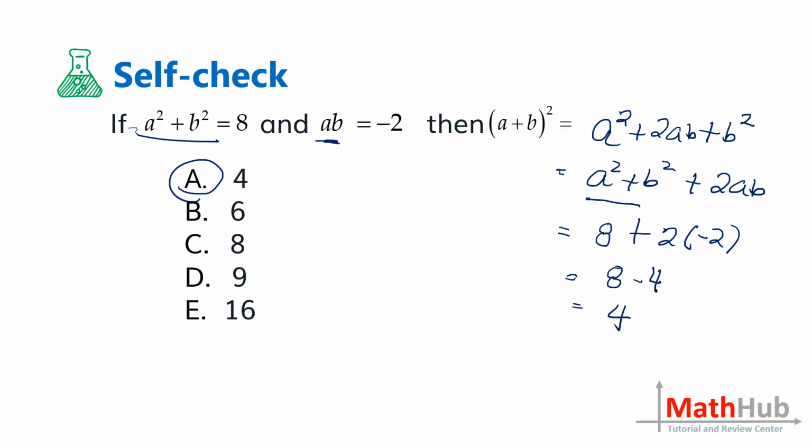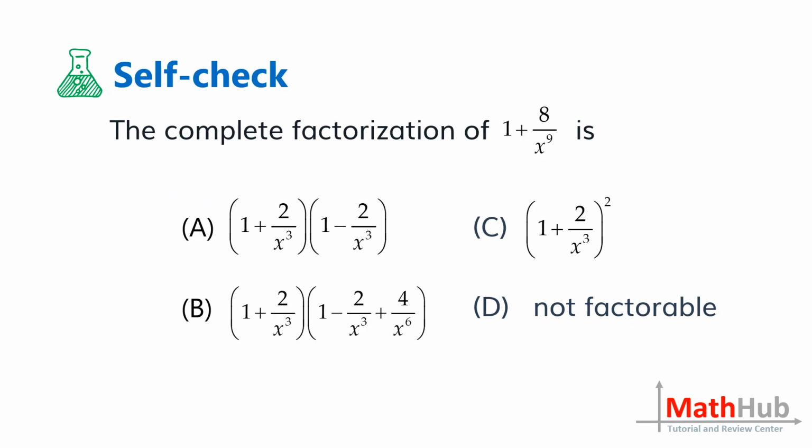Letter A. For our last example, we want to find the complete factorization of 1 plus 8 over x to the 9. Now, since this is a binomial, our only options are DOTS and SOTC.